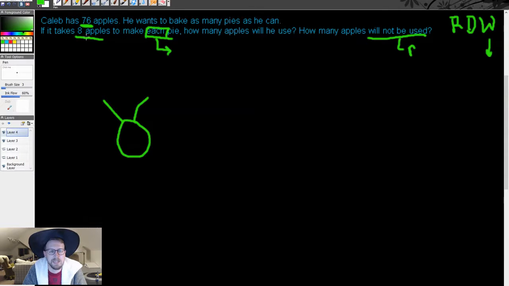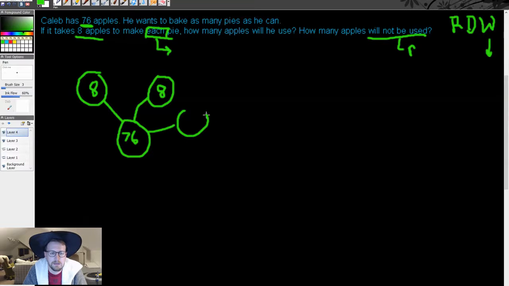It's kind of like a multiples list in equal groups. So we have 76 apples, and we can make one pie, right? Can we make a second pie? Yeah. 8, 16, 24, right?